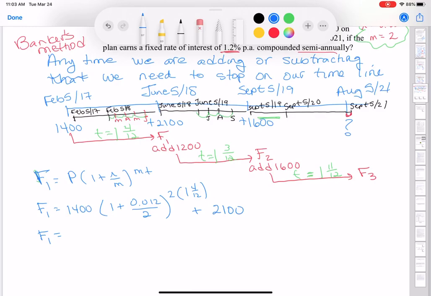All right, I'm just going to punch this in one swoop into my calculator. You are welcome to break it into steps if you wish.